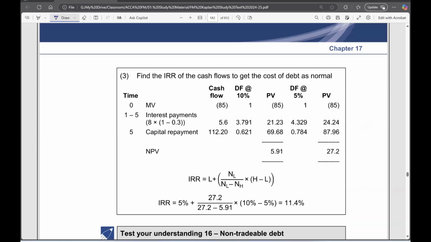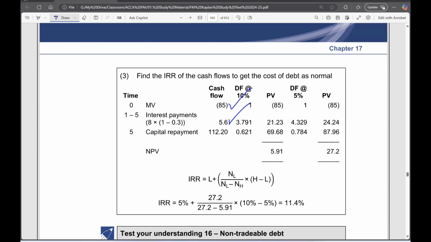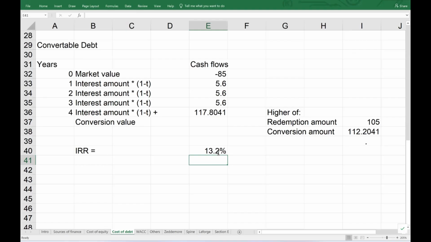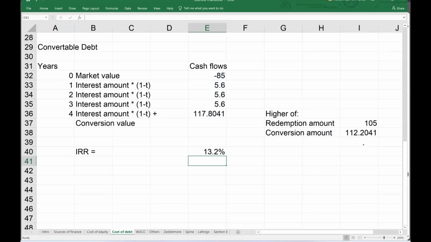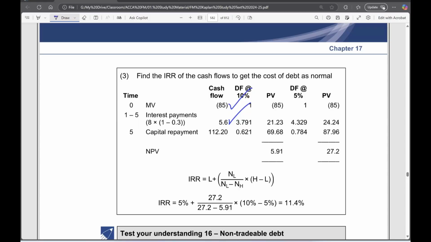Okay, 85, we also use 85 as outflow here. 5.6, we also got 5.6. No problem in it. And 112. Yeah, same thing we did. 85, 5.6, 5.6. Okay.